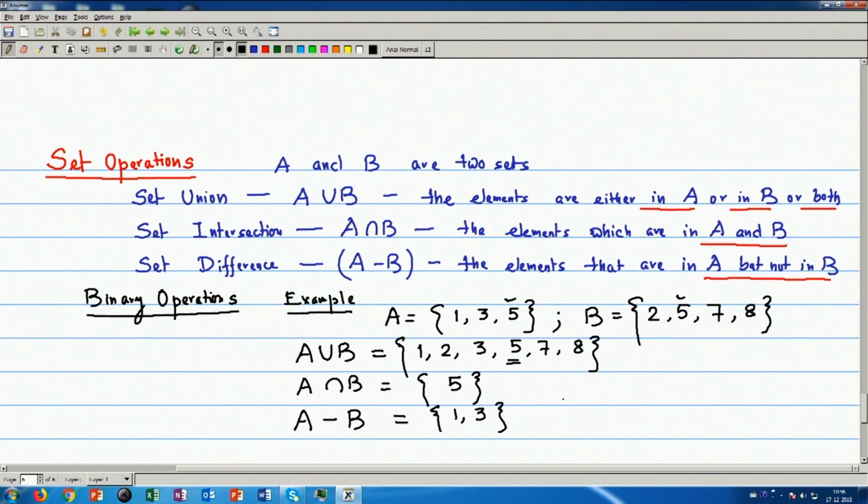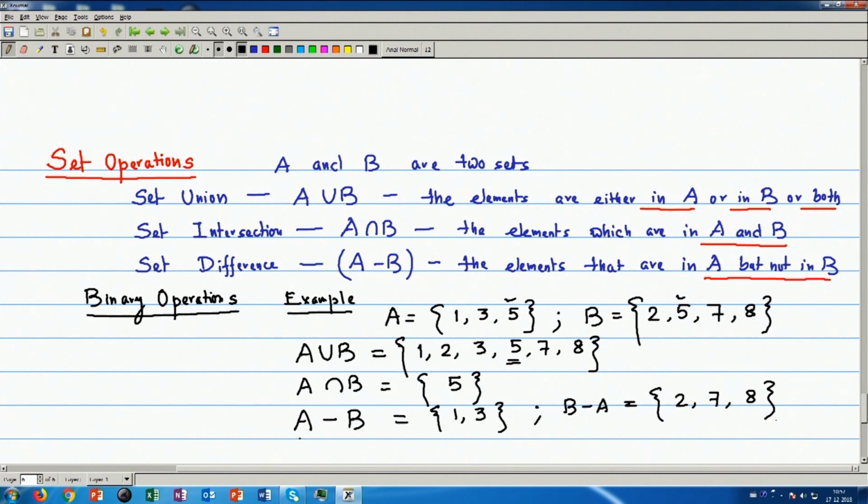Then what is B minus A? B minus A is 2, 7, 8.